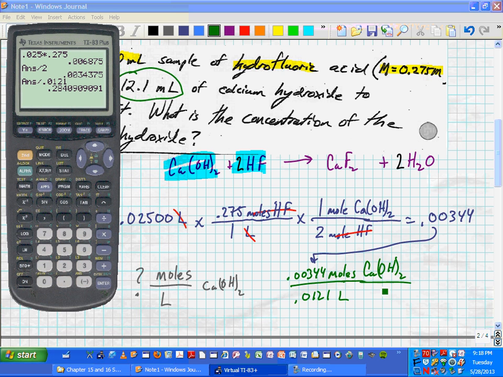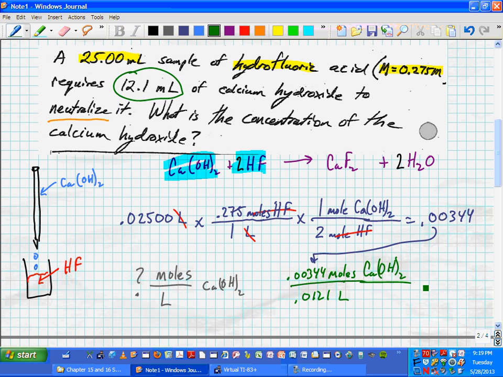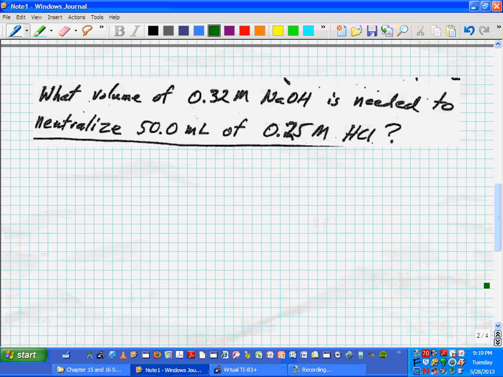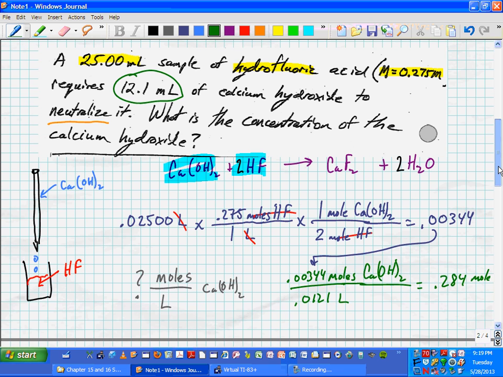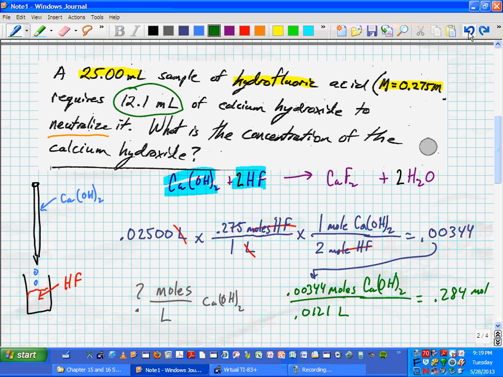Hit enter, and I get a concentration of 3 sig figs, 0.284 moles per liter. Big M stands for moles per liter, right? Molar. There we go.